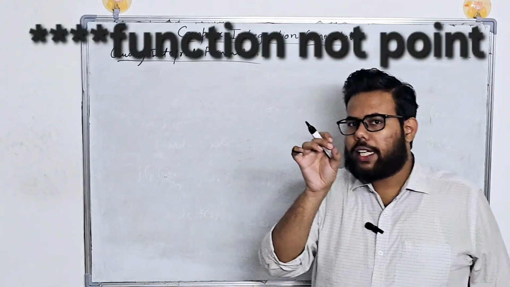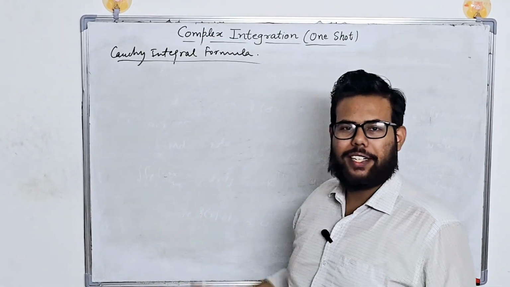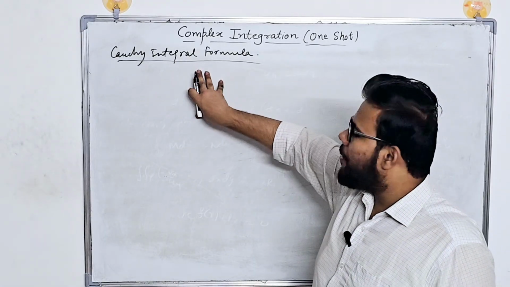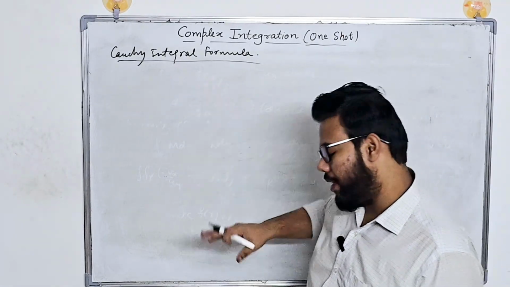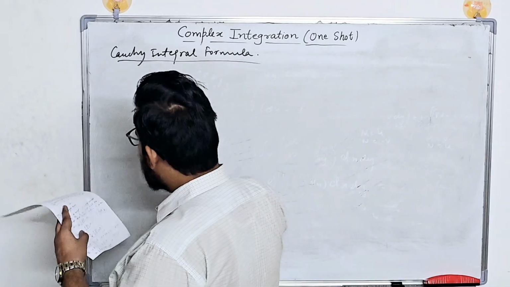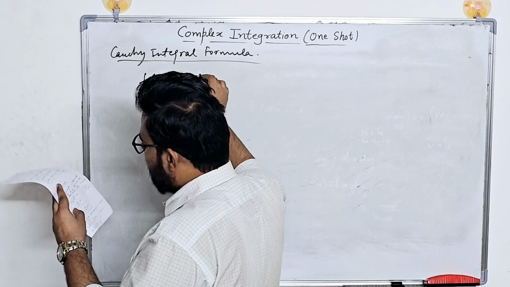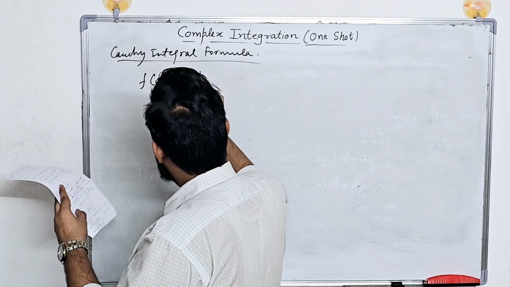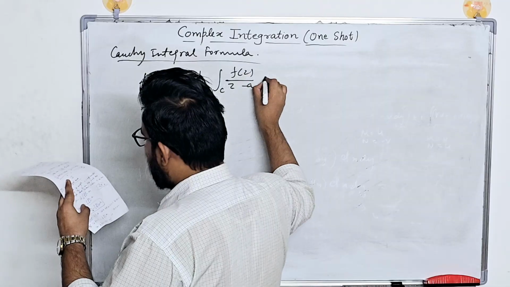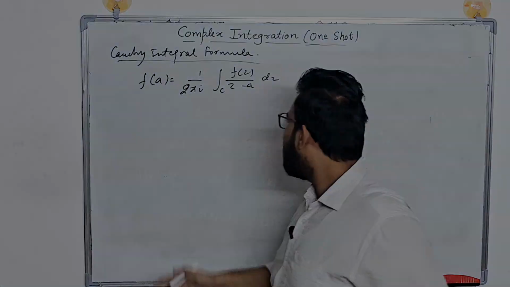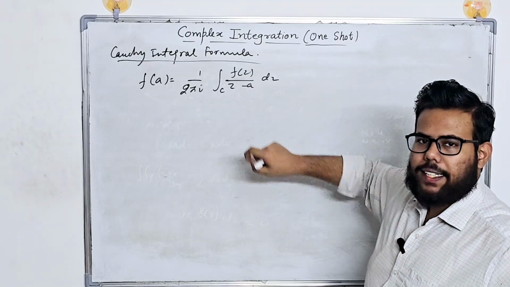If a function is not analytic at some point, then in this case we use the Cauchy integral formula. At that point the integration is still possible, and it will have a non-zero integral value. So let me explain it. For example, f of a is equal to 1 upon 2 pi iota times the integral of f of z over z minus a dz. Now we can clearly see that this expression is not analytic at z equal to a.